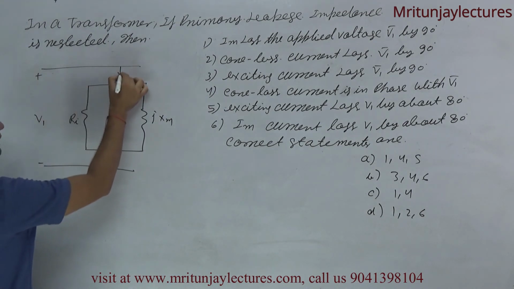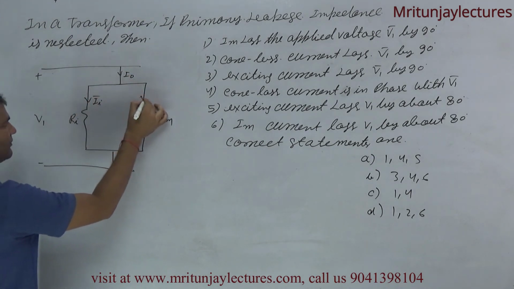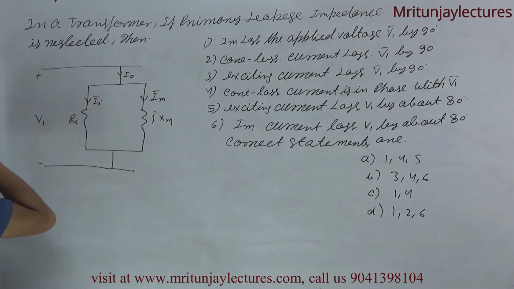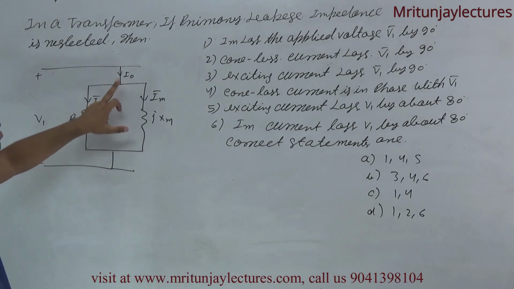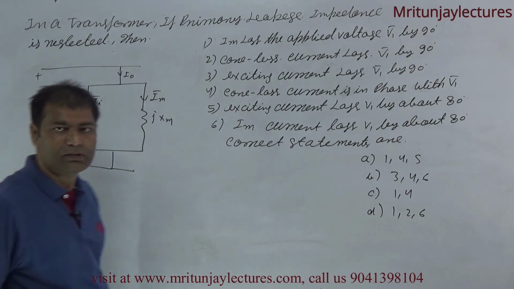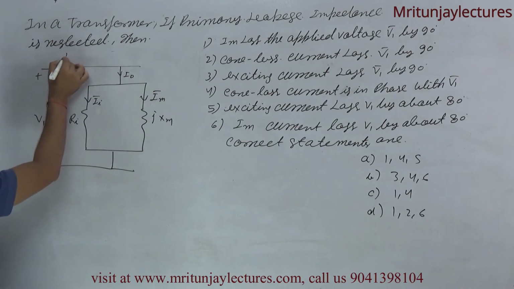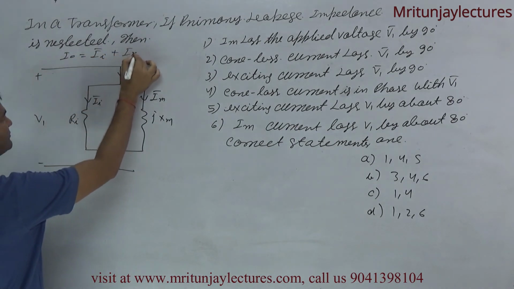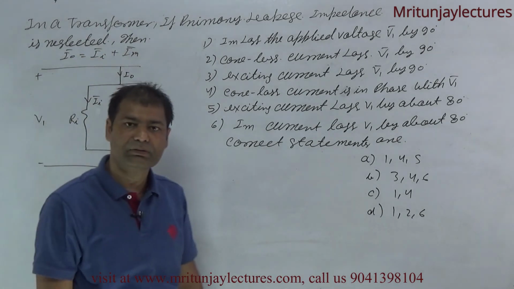That is the no load current I0, and that is Ii and that is Im. Im is the magnetizing current, Ii is the core loss component current, and I0 is the no load current, or you can say the exciting current, Ii plus Im.